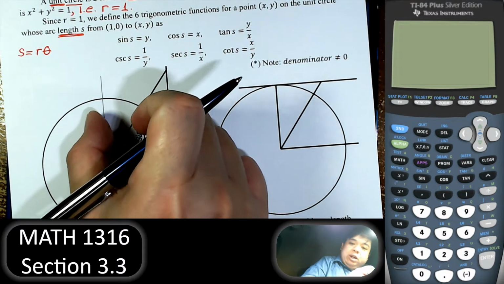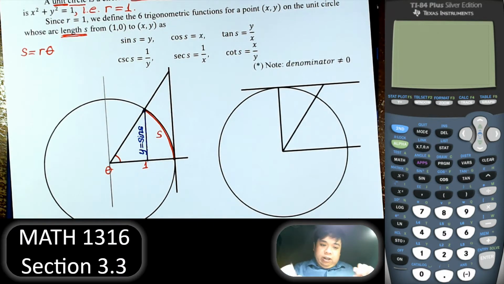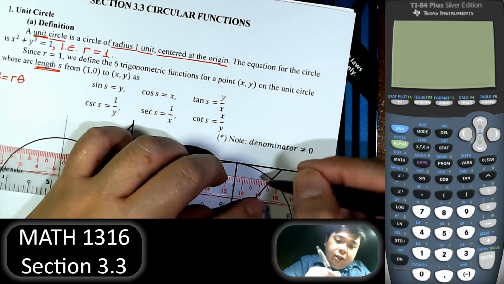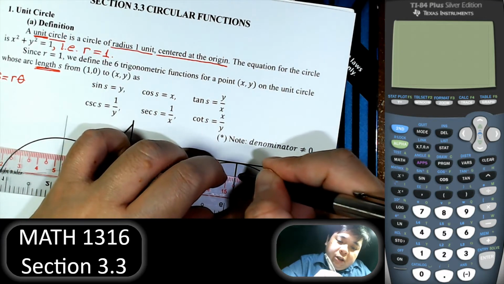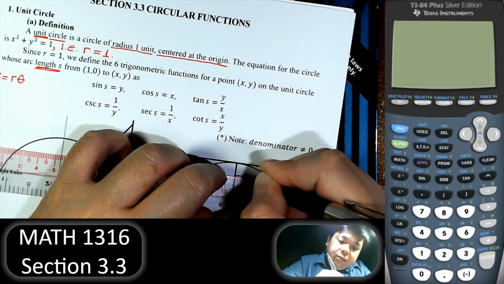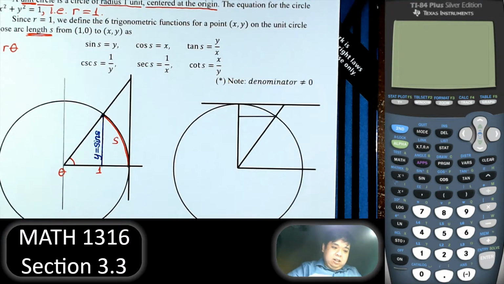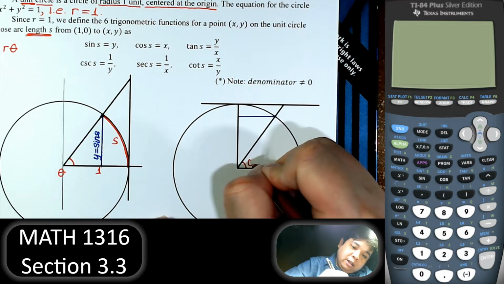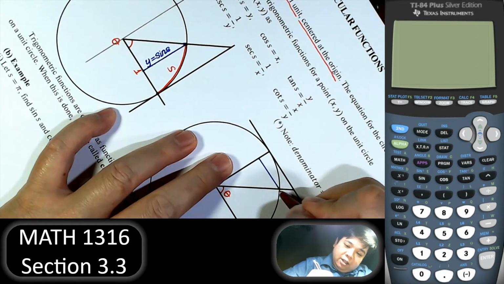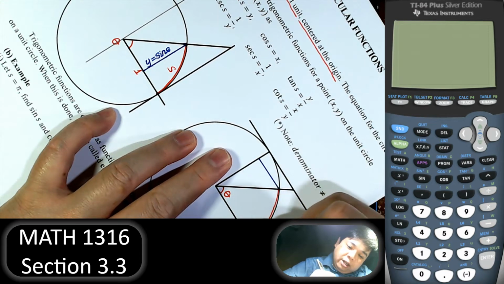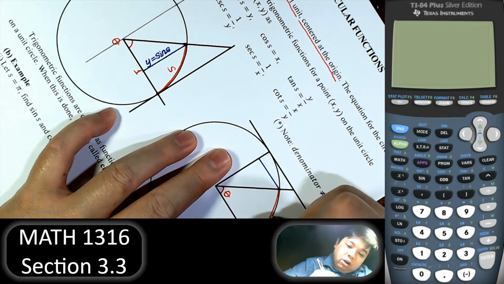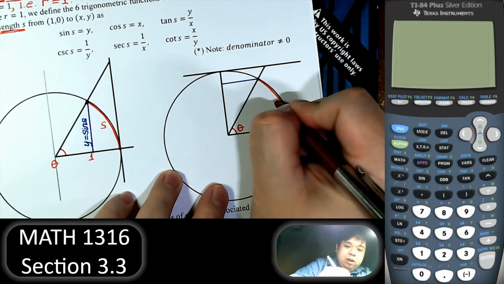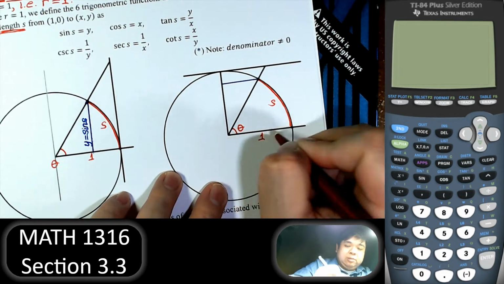And that will be cosine, but I'm going to draw over here the distance from the point to the y-axis. So here I will do the same thing. Theta, and this is the arc length, s. So the trig functions are defined based on the arc length s, where the radius is equal to 1.